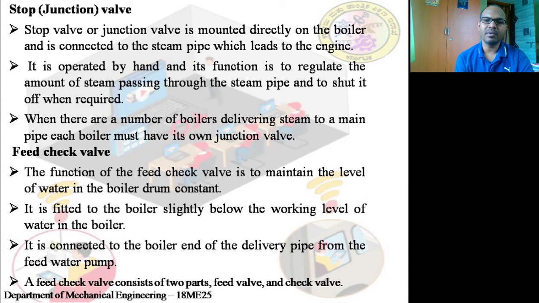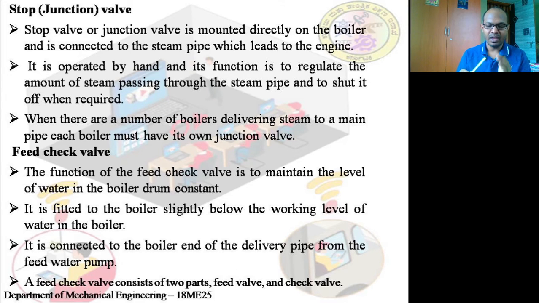The feed check valve consists of two parts: one is the feed valve and the other is a check valve. We have already indicated there is a water level indicator which checks the water level in the drum. Apart from that, there is a sensor based feed check valve, which has two things: a feed valve and a check valve.